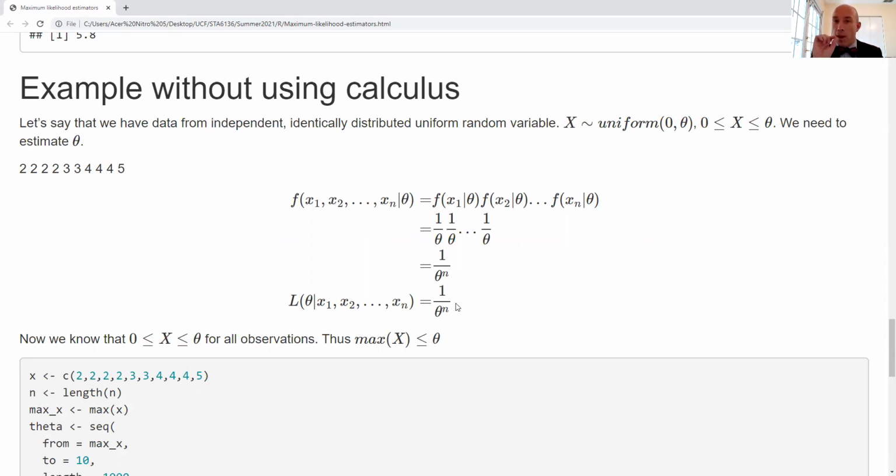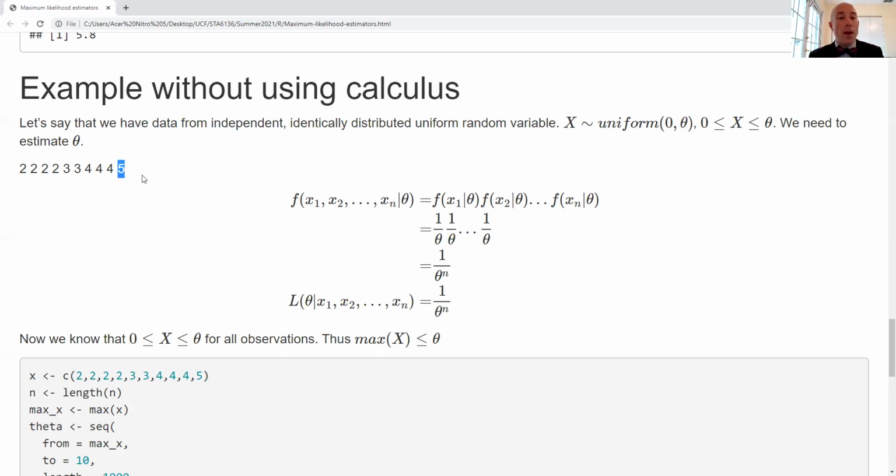Let's take a moment and remember that when I'm dealing with a uniform distribution, x is always between the minimum value and the maximum value. So every single value of x is less than or equal to theta. That tells me that 2 is less than or equal to theta, 3 is less than or equal to theta, 5 is less than or equal to theta, and 4 is less than or equal to theta.